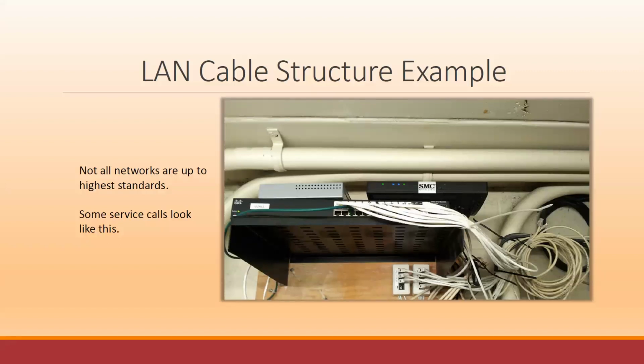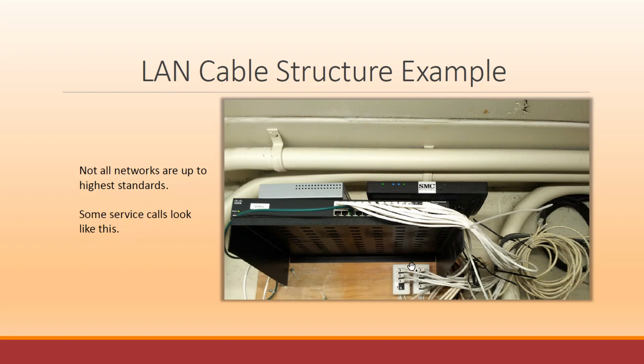All right, structure of LAN. How is it structured? LAN cable structure example. Not all networks are up to the highest standards. Some service calls will look like this. Well, can we see the same elements here? What do we see?